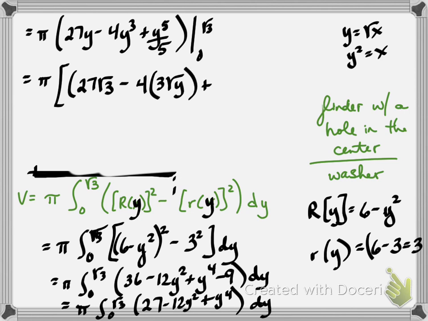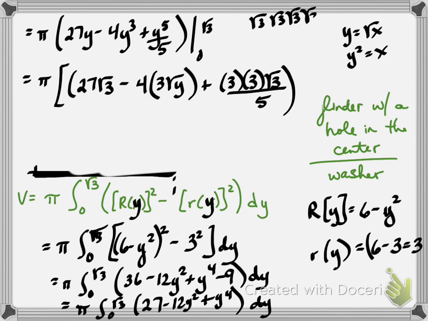And square root of 3 to the 5th gives us a normal 3, another normal 3, but we still have a square root of 3 over 5. So I'm thinking through square root of 3 to the 5th. So these give us a 3, and these give us a 3, but we still have a square root of 3.